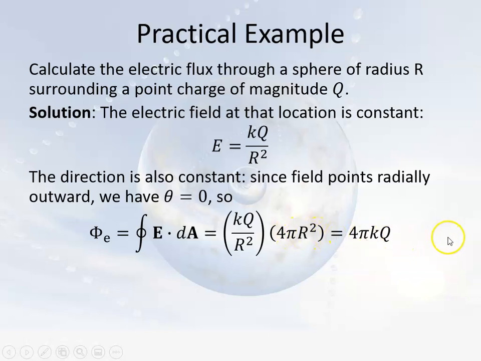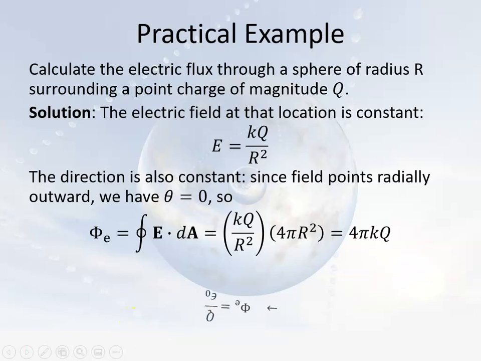The r squareds cancel. In other words, the electric flux is independent of the size of our sphere. You're left with a 4 pi kq. And do you remember what 4 pi k is? Of course you remember what 4 pi k is. Yeah, it's 1 over epsilon naught.